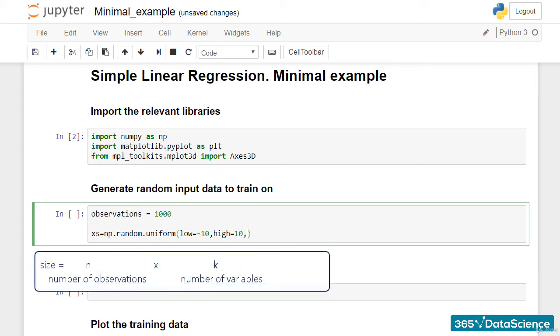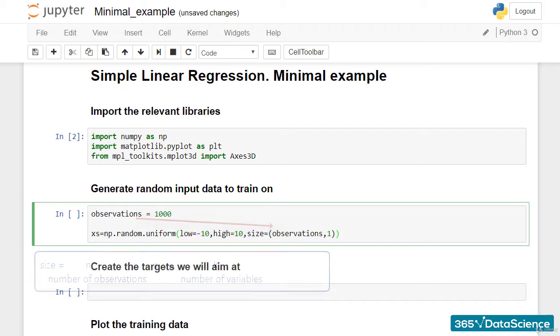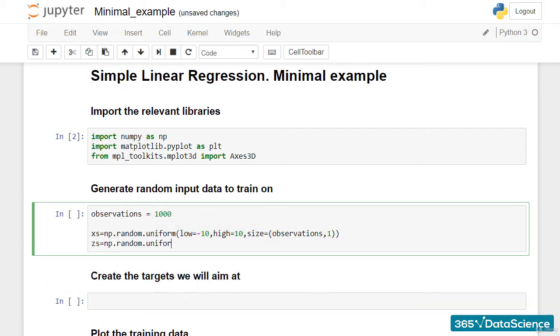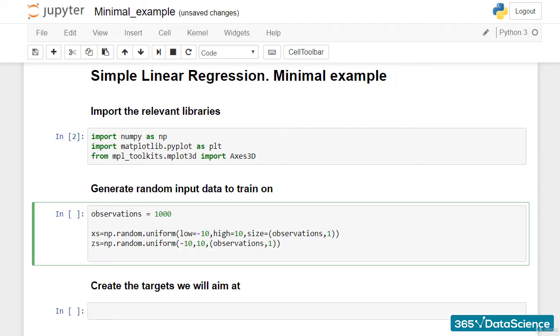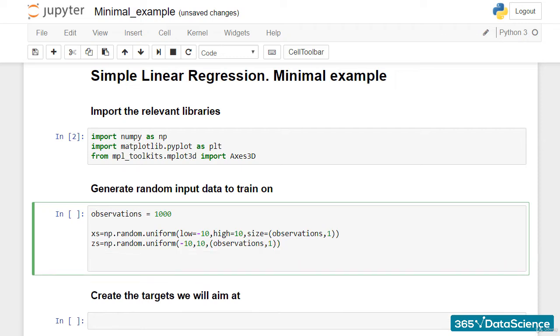According to our theory, the appropriate size is the number of observations by the number of variables. So, observations by 1, as we are only talking about one variable, x. We will generate the z's in the same manner. So, these are the two input variables we will feed to the algorithm. Let's combine them in one matrix, called inputs.